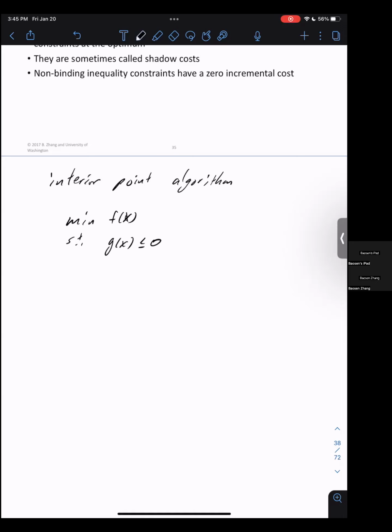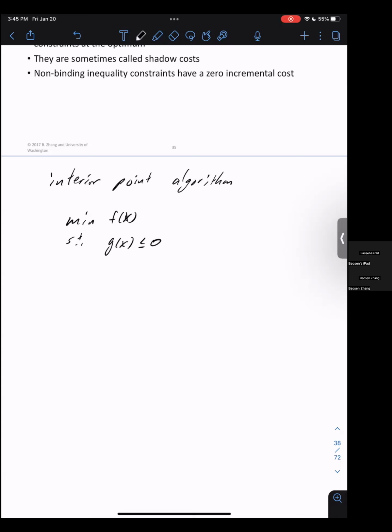Is there a way I can turn this into an unconstrained problem? Can you think of a way to somehow move this thing upstairs? It's close to Lagrangian, but you need to do something else.